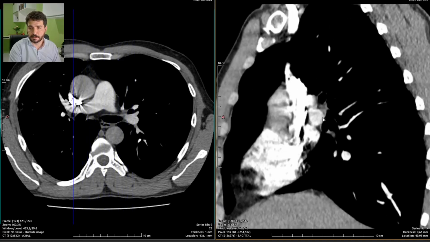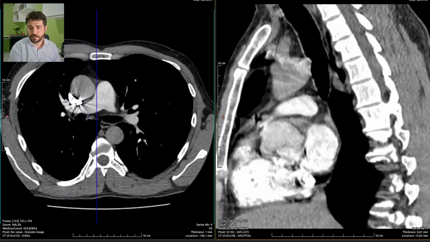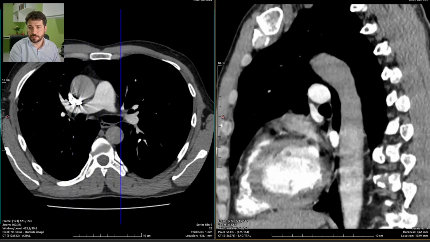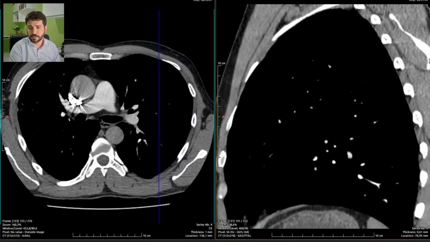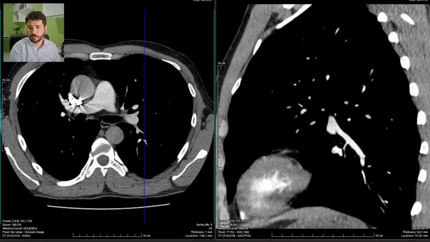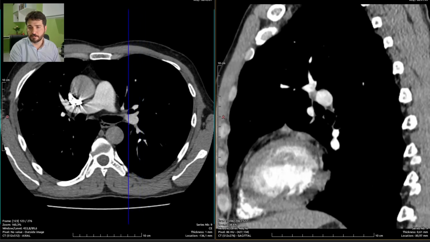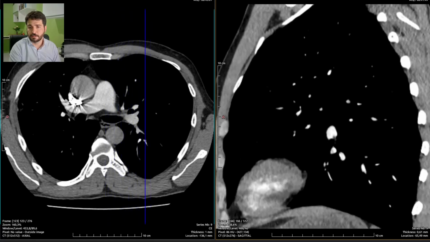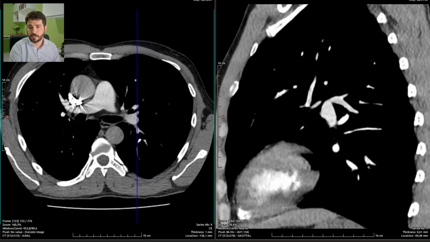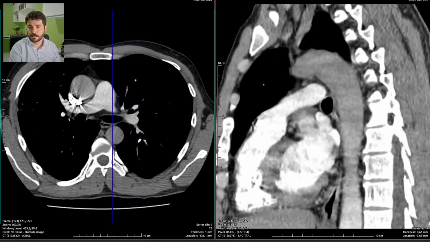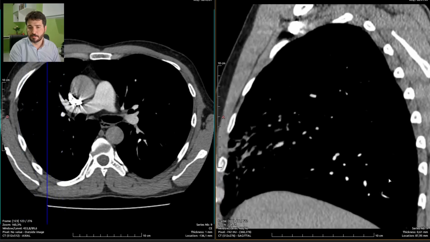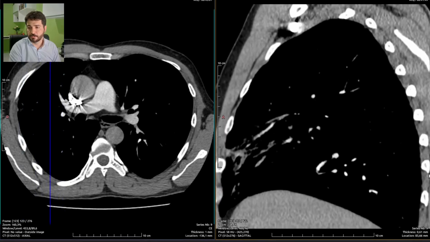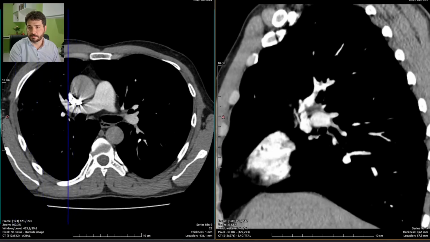We have the right pulmonary artery and the left pulmonary artery and its branches, lobar, segmentar and subsegmentar branches. As you guys can see, it's all perfectly filled and opacified. No signs of filling defects that we could call thrombosis, acute thrombosis. This isn't acute thrombosis.